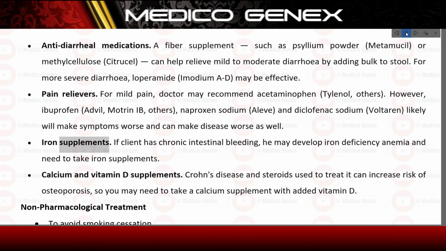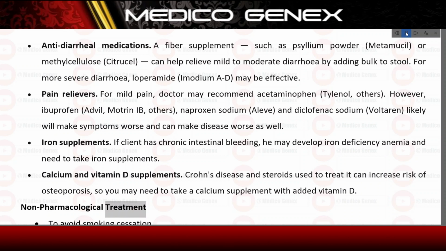Iron supplements. If the client has chronic intestinal bleeding, he may develop iron deficiency anemia and need to take iron supplements. Calcium and vitamin D supplements. Crohn's disease and steroids used to treat it can increase the risk of osteoporosis, so you may need to take a calcium supplement with added vitamin D.